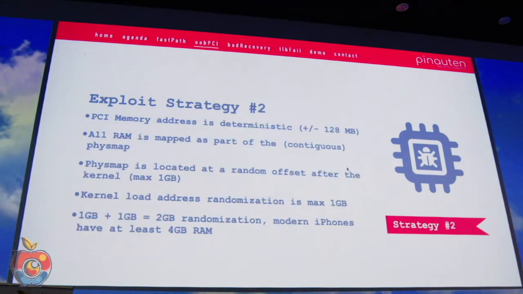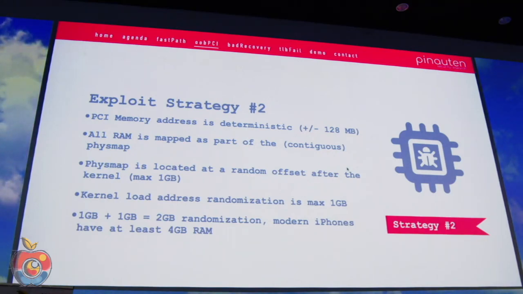So I'm using a different strategy here. If you just repeatedly perform the out-of-bounds access and write down the addresses you get in the panic reports, you will notice that the PCI memory address is actually deterministic, plus minus 128 megabytes.